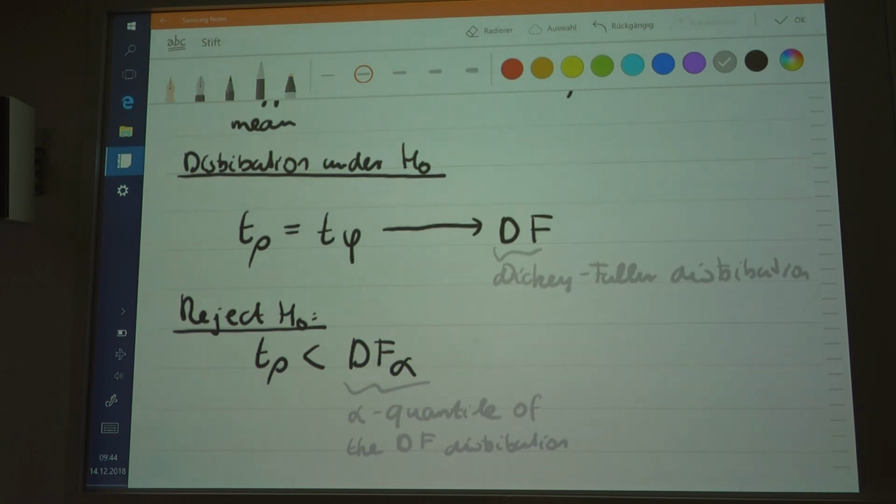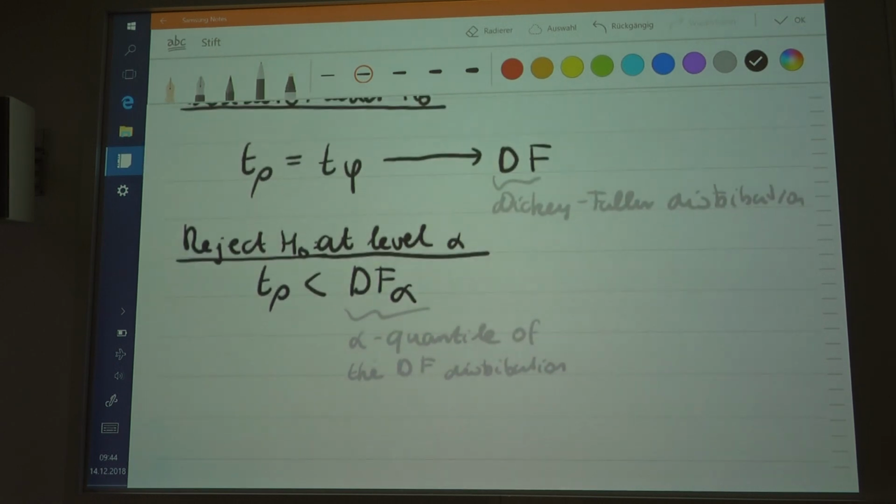Okay, that's it. So we reject the null hypothesis at level alpha. Obviously, alpha will be the error probability that you choose.